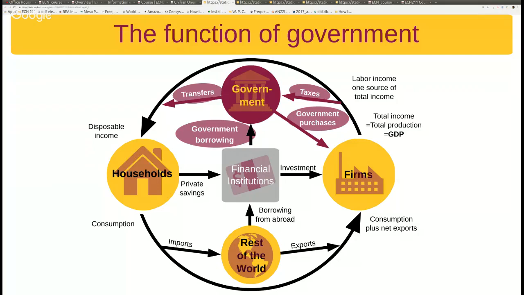When we talk about spending $3 billion on building a wall on the southern border, whether we should do it or not, I'm not taking a stance, but it would be part of government purchases. Now, in order to pay for that wall, the government either has to raise taxes or borrow money. So thinking through this diagram really helps you understand where different things go, and that will help you.